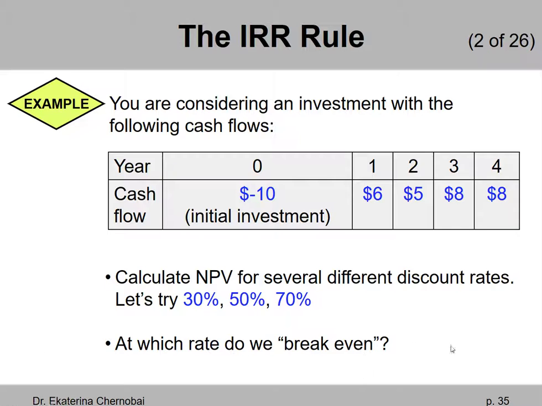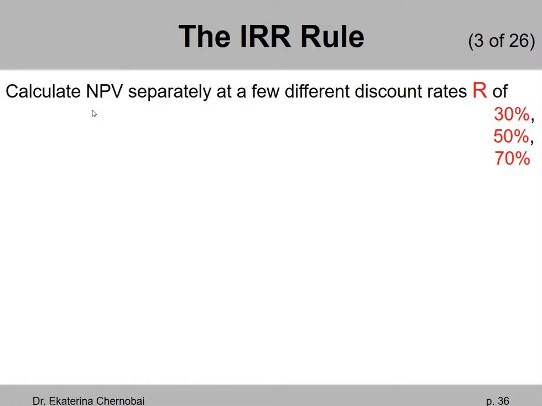And then one question we're going to answer is, at which discount rate do we break even? So let's not worry about the second question yet. So we want to calculate 3 net present values, right?